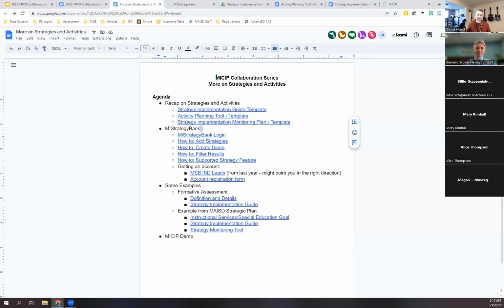The way that they populated a lot of the Strategy Bank is they did some sort of pull feature where they pulled from a lot of clearinghouses. And I think that a lot of the fields just maybe didn't come over with them, or they didn't have them filled out in whatever clearinghouse they pulled them from. And I know that a lot of the ones added by our statewide organizations like GELN and such, they've been working really hard to make sure that the evidence base is included.